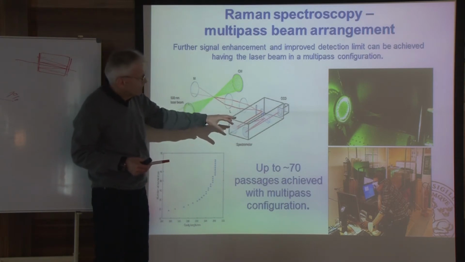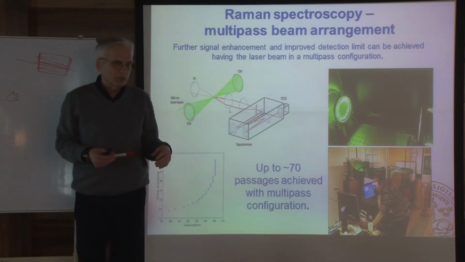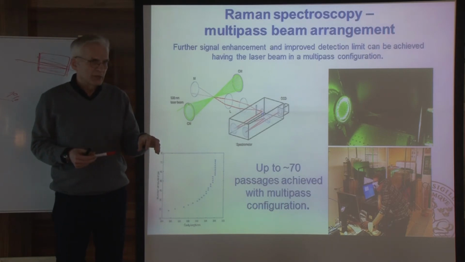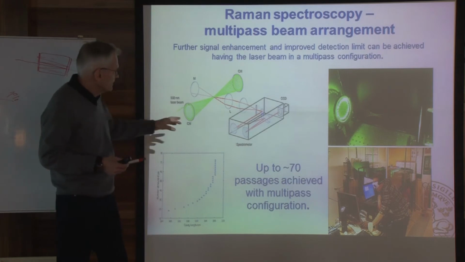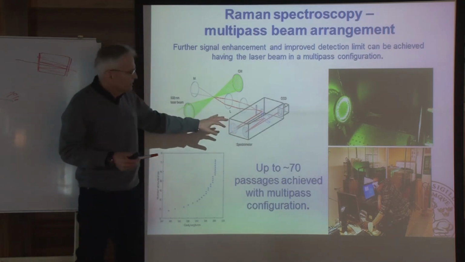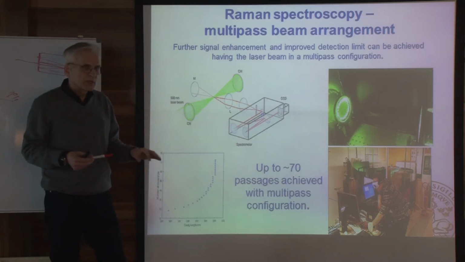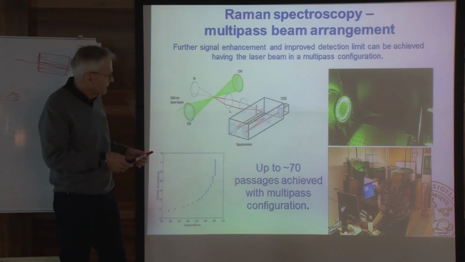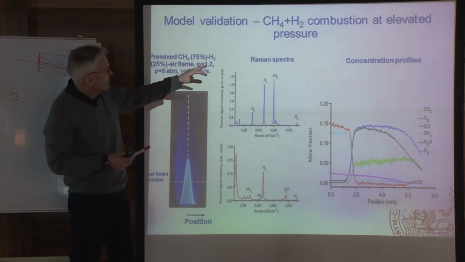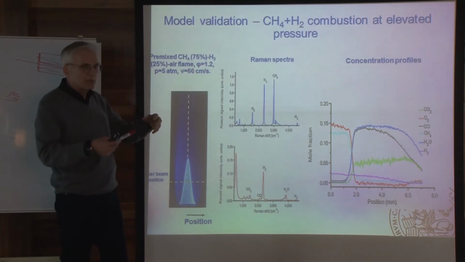So that means that we can go up to kilowatt without disturbing, and hopefully, we are not there yet, we hope that this technique could go down to maybe 100 ppm, especially if we go to high pressure, where we gain because you have a higher density.